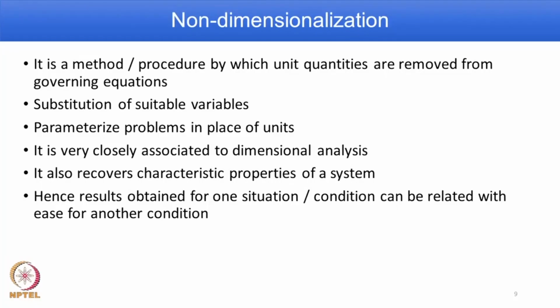How do we do it? We identify suitable variables and replace the actual variables by the corresponding suitable variables. Now, what is the advantage? It parameterizes the problem in place of units.